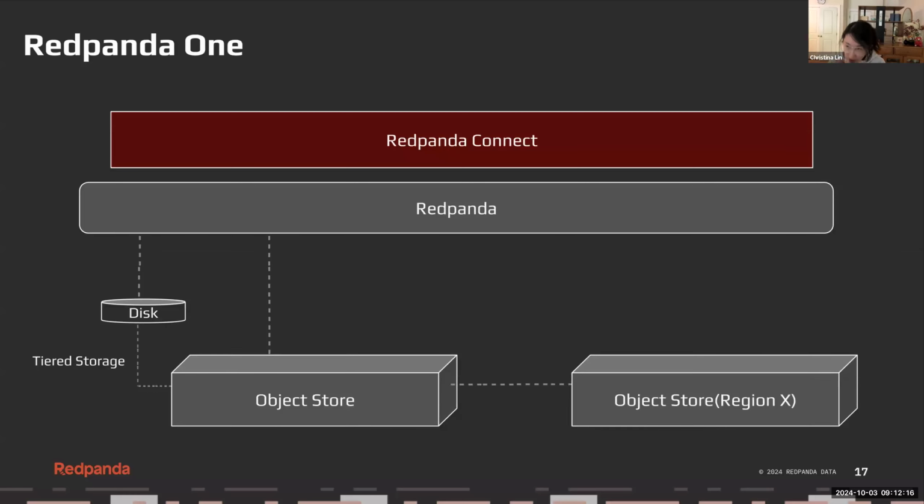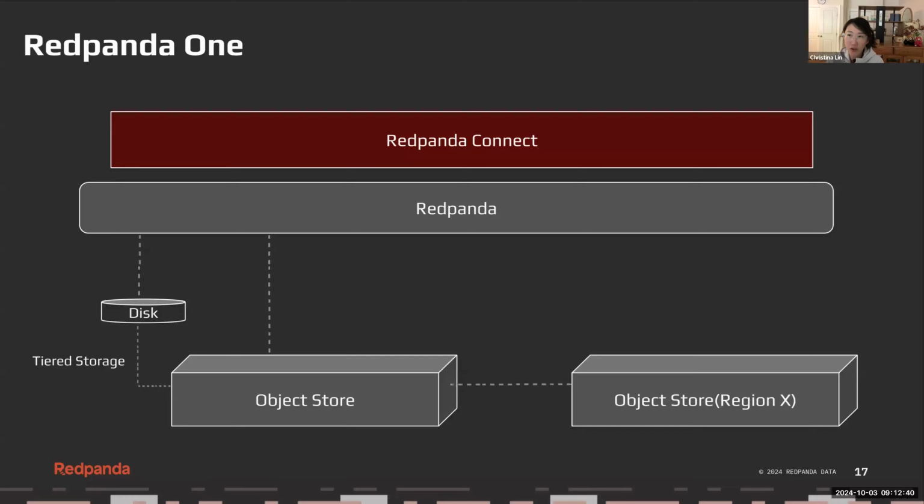If people have services that are not that performance sensitive, they were saying that instead of having a disk, which is probably going to cost a little more, compared to storing directly in the object store, can we just have the data stored in object store? So now in Redpanda One, we have an option for you to get data stored directly into object store.